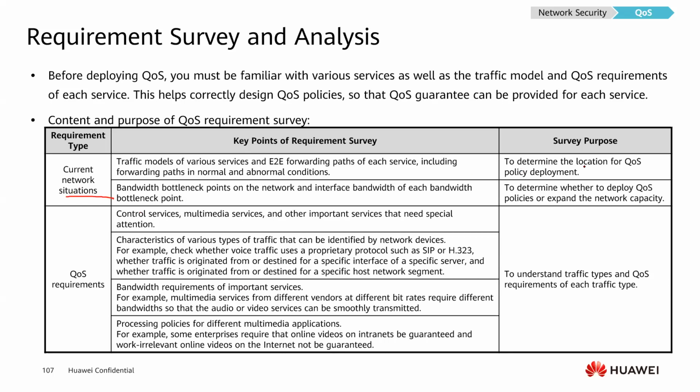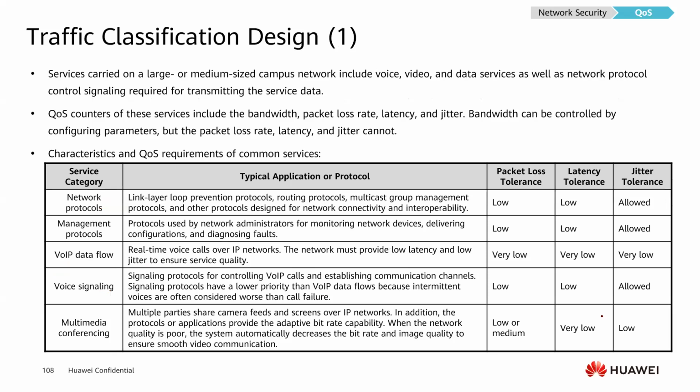For this, you need to determine where to deploy QoS, and determine whether to deploy QoS policies or just expand the network size. Another thing is the QoS requirements. You need to classify the traffic, and different traffic will require different QoS, based on the type, so you need to consider the traffic type.